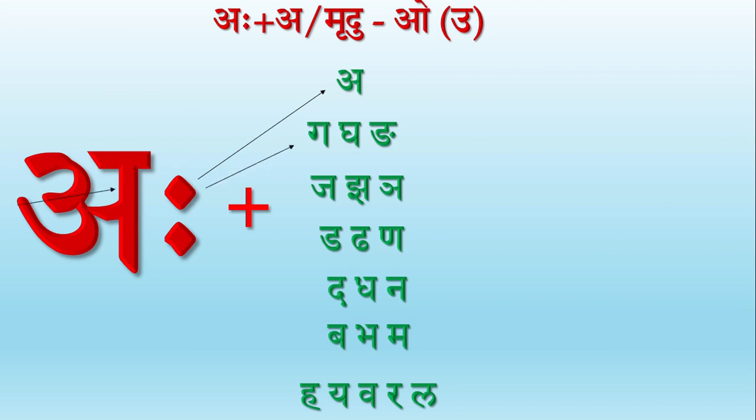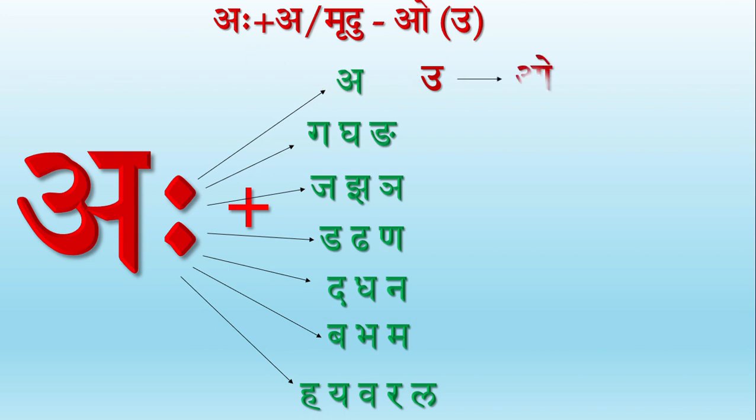We shall understand each of them with the help of examples as well. The visarga changes to become the letter u, and later their combination gives rise to the letter o. So visarga becomes u, which later becomes o.